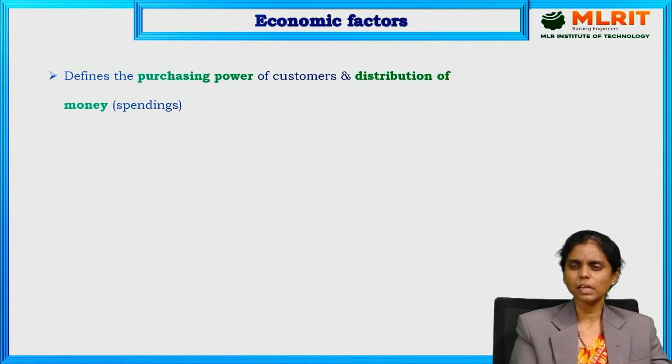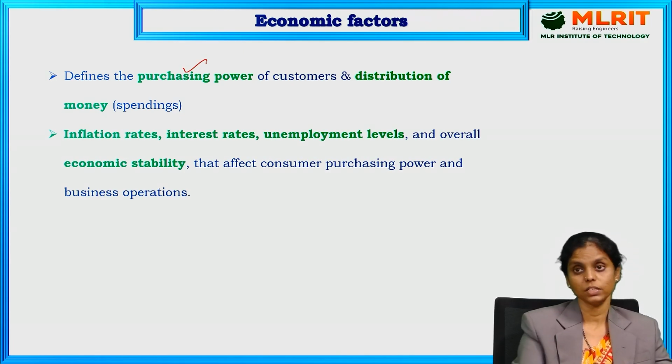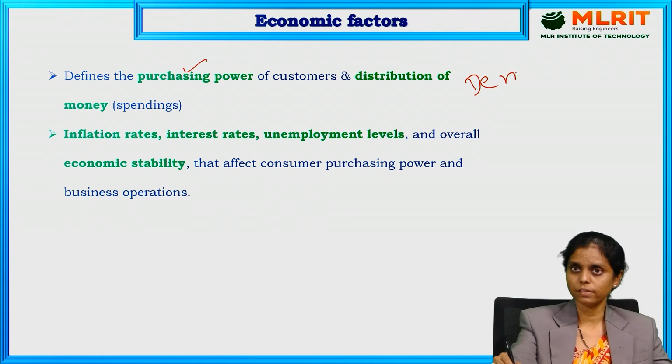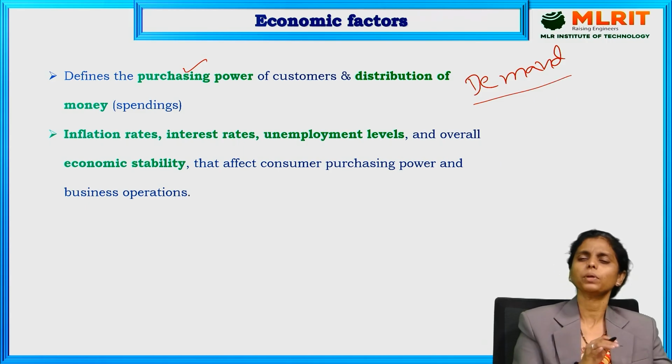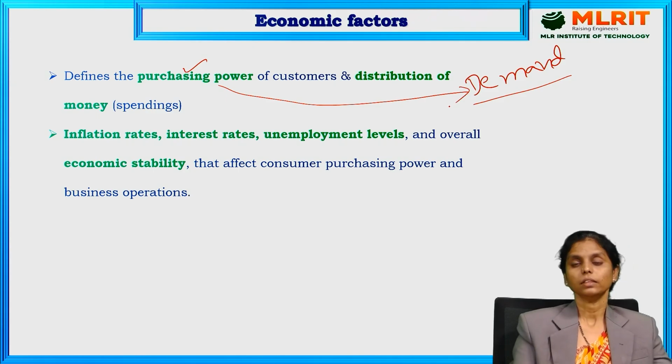Now what are these economic factors that we have? Economic factors will influence the purchasing power of customers. In the first lecture, we discussed who is important to a company: the customers who are able to create the demand. Now, who can create the demand? The people who possess purchasing power, only those individuals can create the demand for a product.